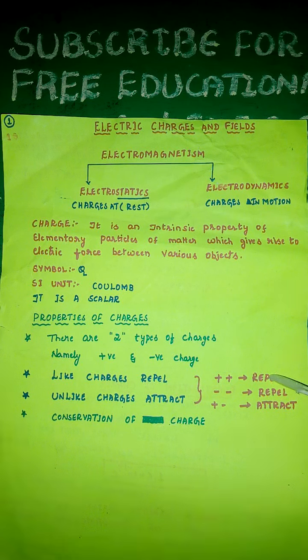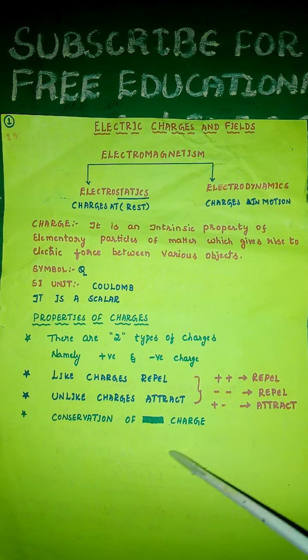Repulsion will arise. If I take two negative charges and keep them beside each other, then what happens? Repulsion occurs. If two unlike charges, suppose a positive charge and a negative charge, or else a negative charge beside a positive charge, if I keep them, attraction will arise. So that's the meaning of this: like charges repel each other, unlike charges attract each other.